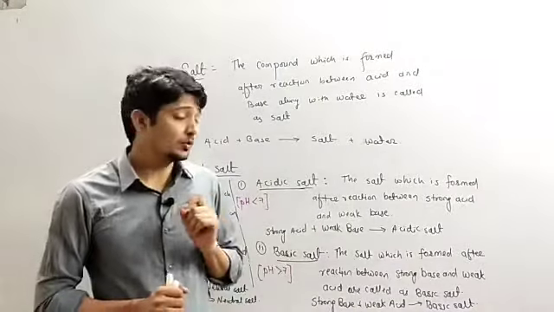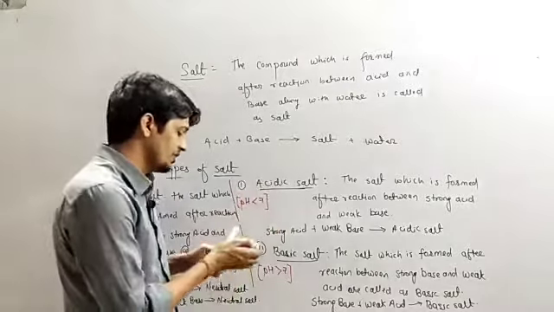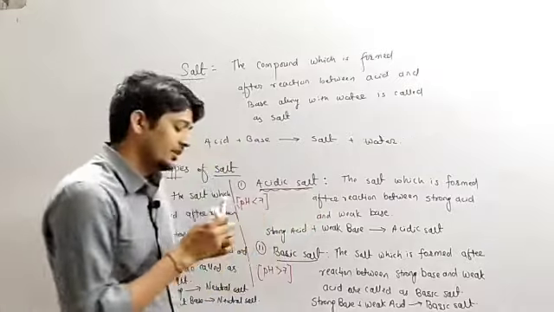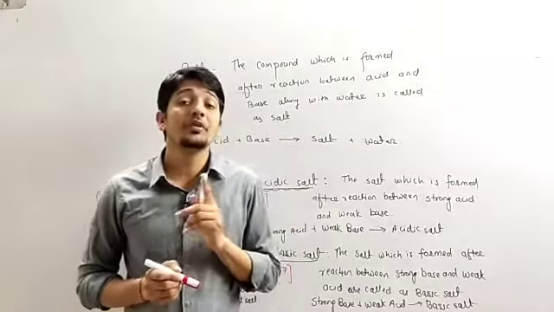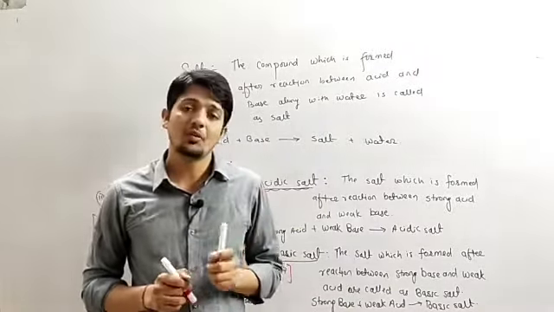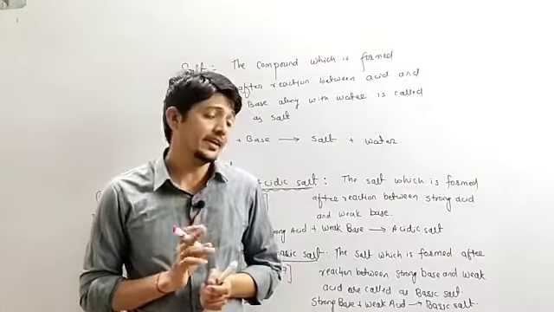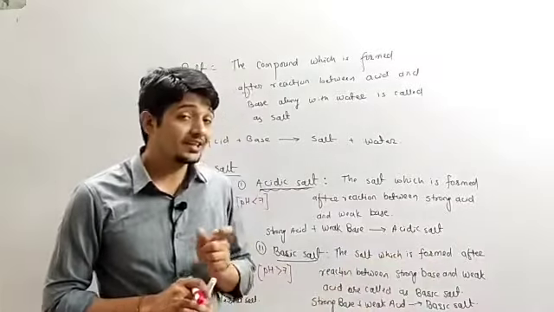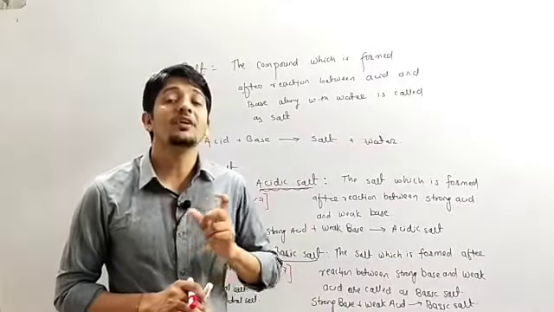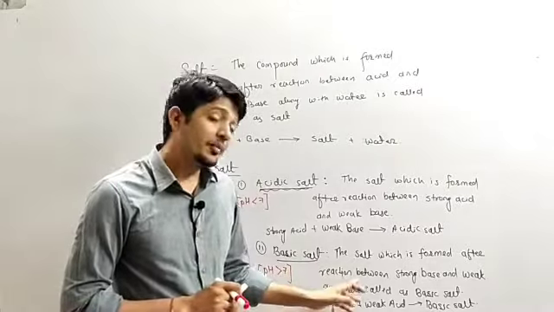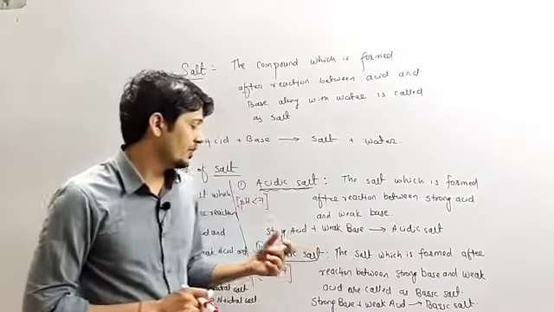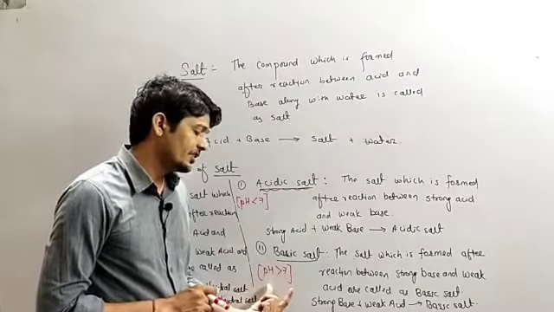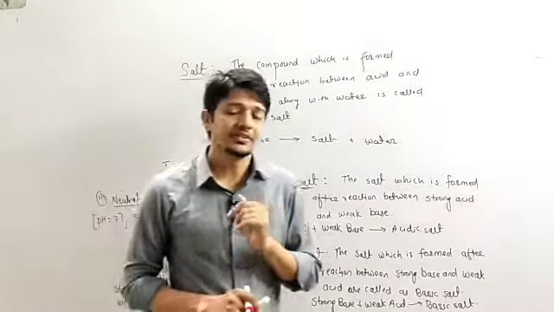What is the types of salt? We have first type, which is the acidic salt. What is acidic salt? When the strong acid reacts with weak base, then the salt which is formed, that will be the acidic salt. What is basic salt? The salt which is formed after the reaction between strong base and weak acid are called as basic salt. Here the pH value of acidic salt will be less than 7 and the pH value of basic salt will be more than 7.